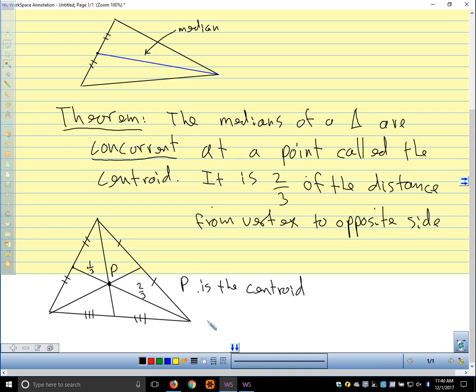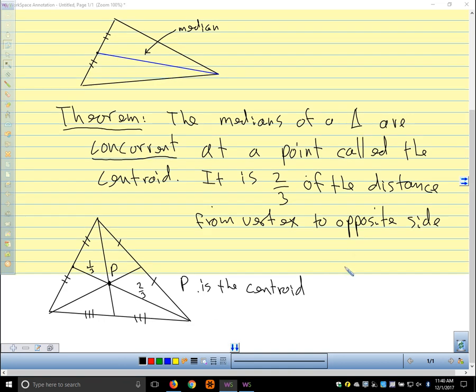Triangles are nice. The centroid is always inside the triangle. The balance point of a triangle couldn't be outside of the triangle, so it's always inside.